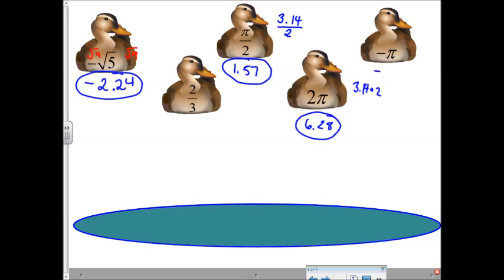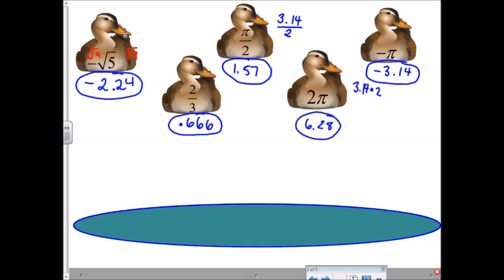Negative pi is obviously just negative 3.14. And I'm going to change 2/3 to a decimal because all of these are decimals and it would be easier to order if it was also a decimal.